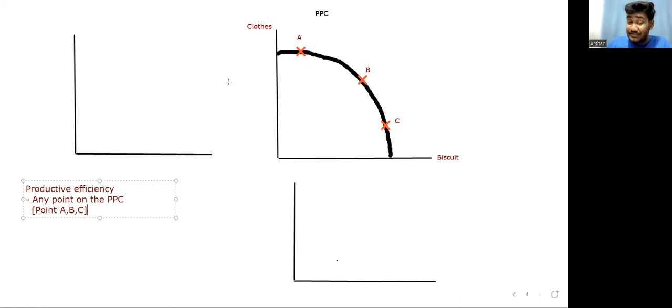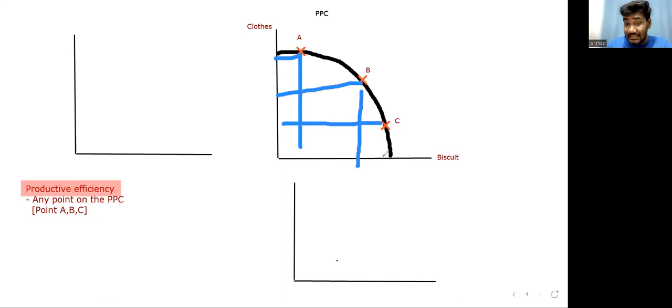Because what is productive efficiency? Productive efficiency is producing at the most optimal, most efficient level, using all your resources: full employment, full production. That is how we denote productive efficiency.